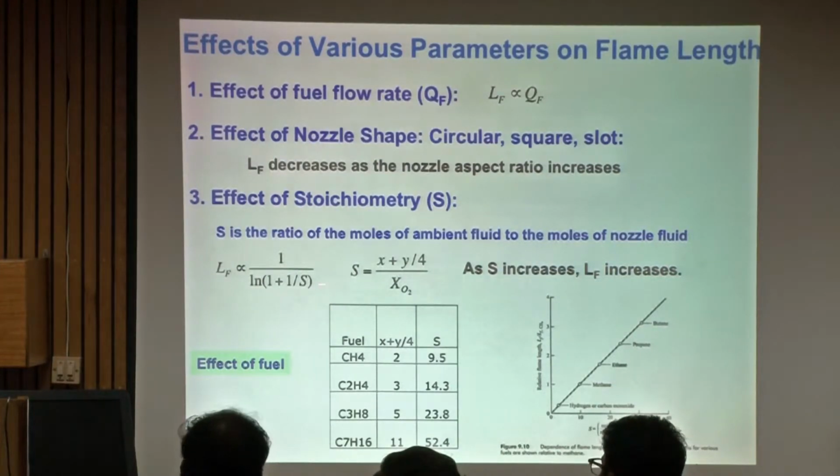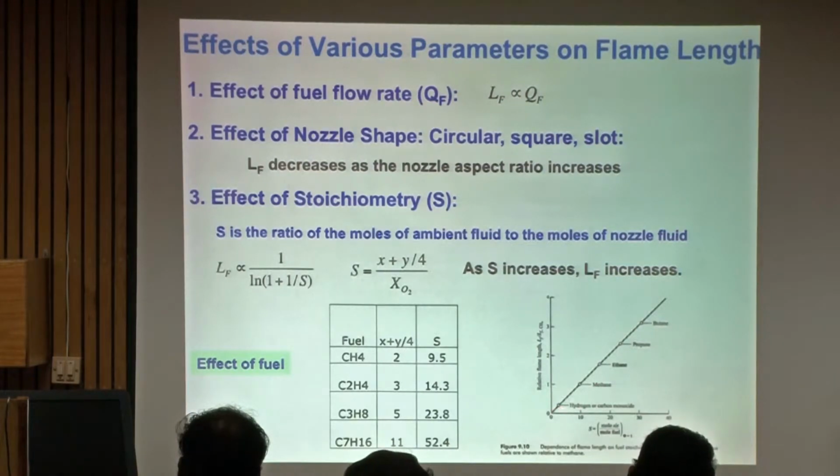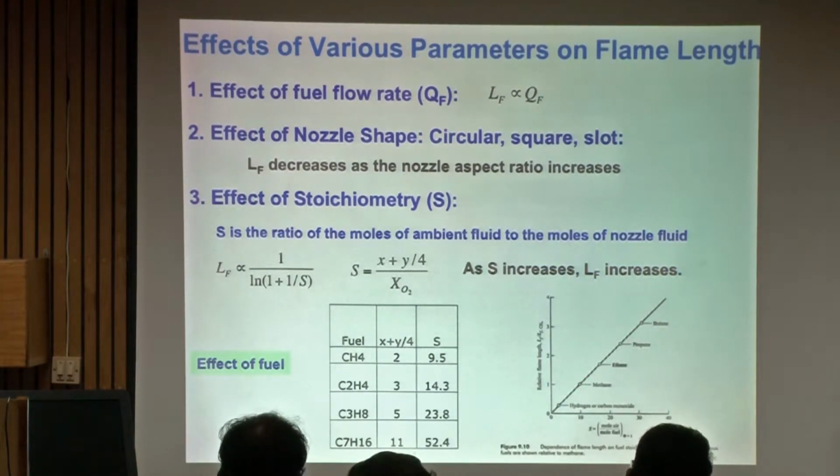So as S increases, the flame length will increase, because this denominator decreases with S. And this is the plot again from Turns' book: methane, ethane, propane, and the last one is heptane, I guess. No, here it's butane. I just wrote also for heptane here.